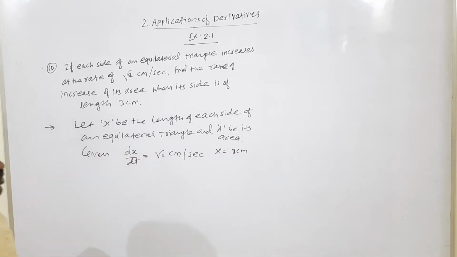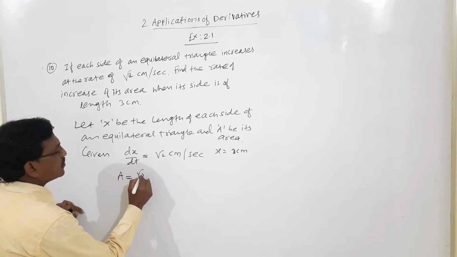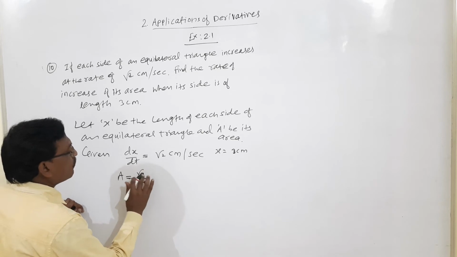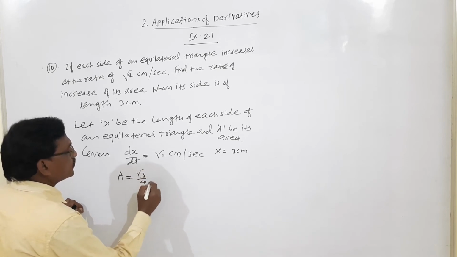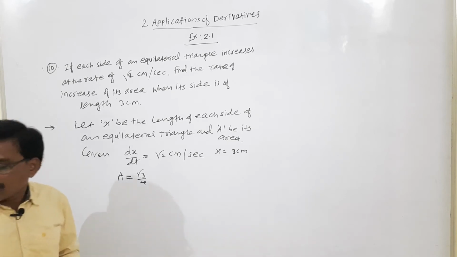Now we know the area of the equilateral triangle is root 3 by 4 into its side square, x square.